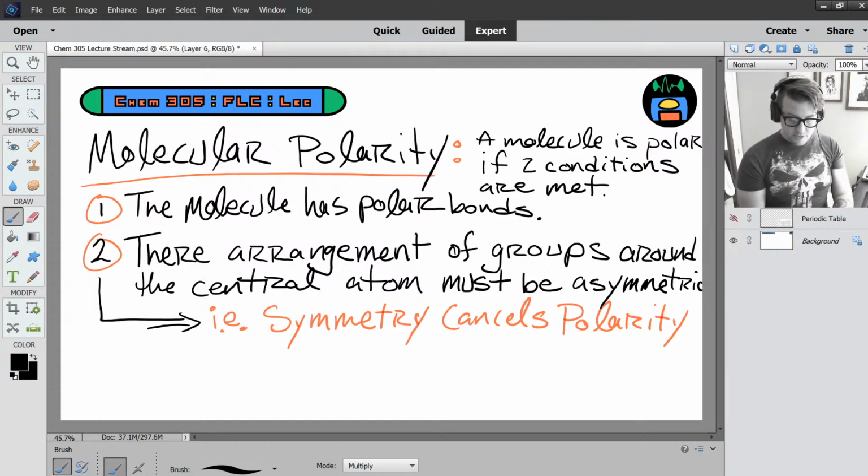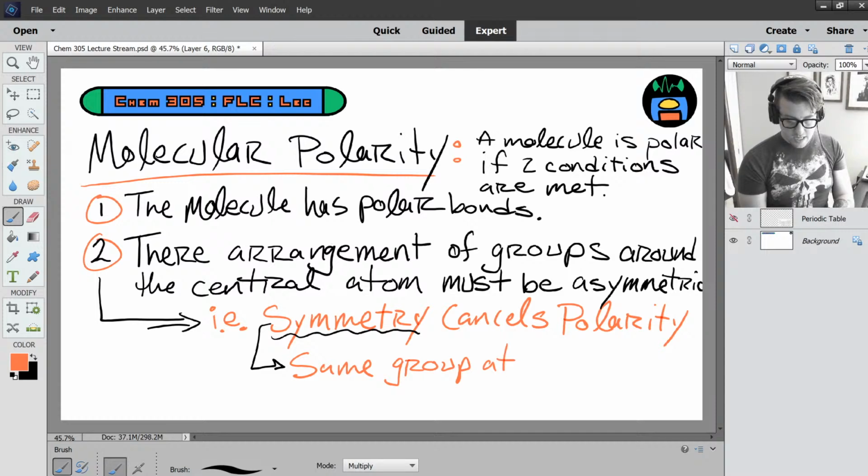When we talk about symmetry, right here, what we mean is we're talking about the same group at every position around the central atom.